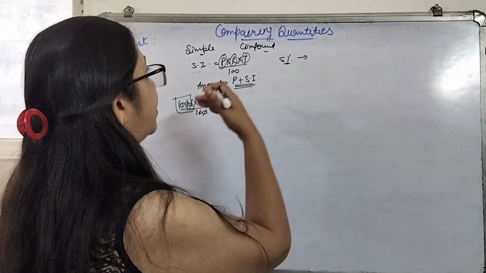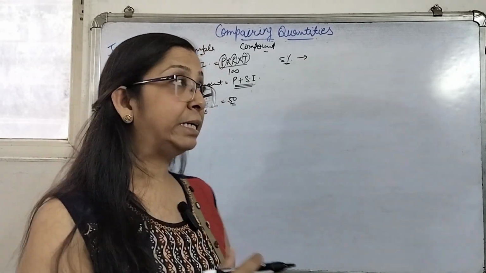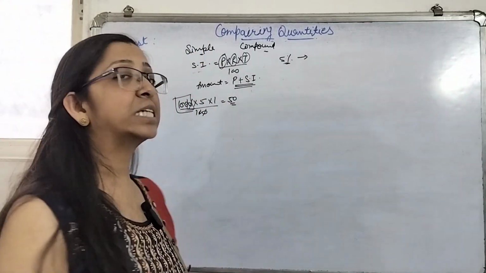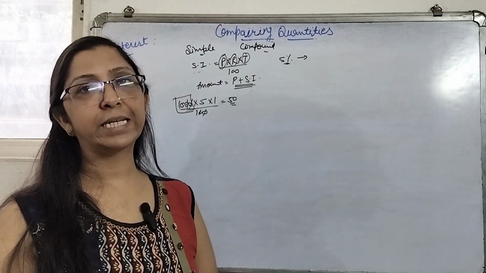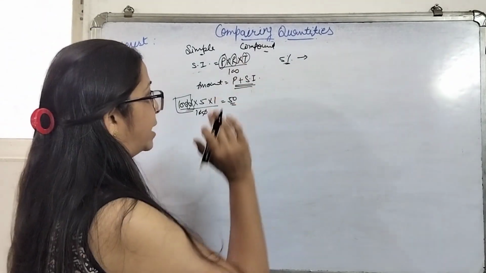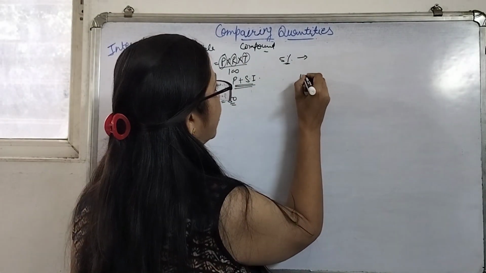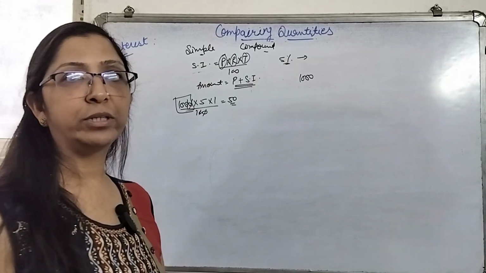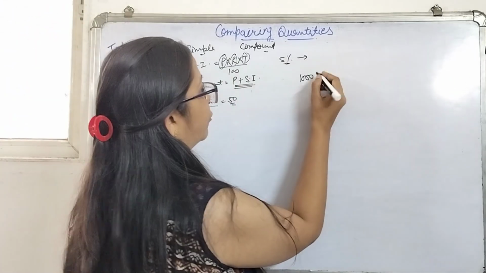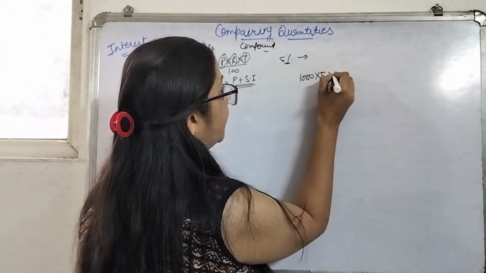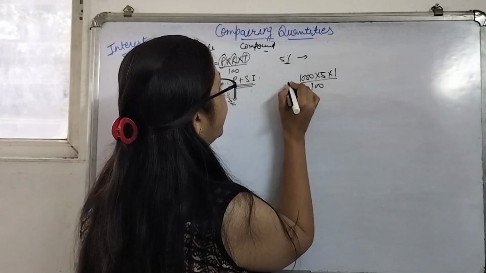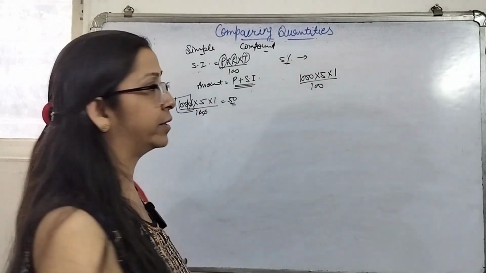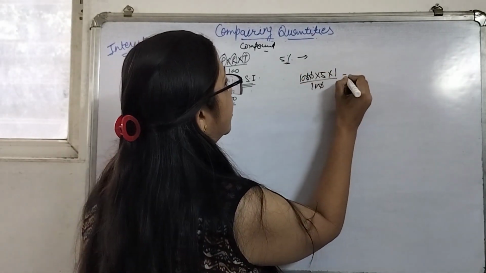But when we are talking about compound interest, the interest of the first year is included in the principal for the second year. Again I am taking the same example. Suppose we have taken 1000 rupees at compound interest and the rate of interest is 5%. For the first year, interest will be P into R into T over 100, that is 50 rupees.